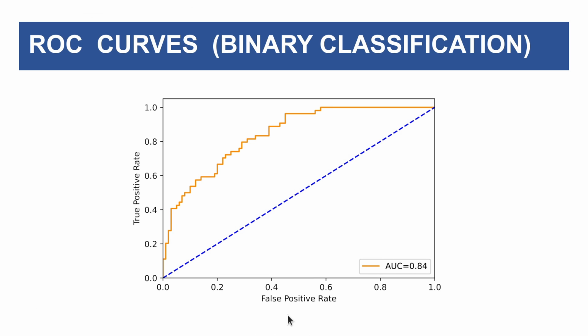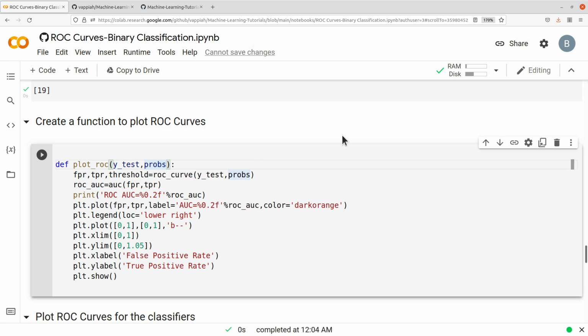Okay, so this was a label, the AUC, that's the area under the curve value. This gives a summary of the performance of the model. That is what we are computing here with ROC AUC, using the FPR and the TPR to do the computations.